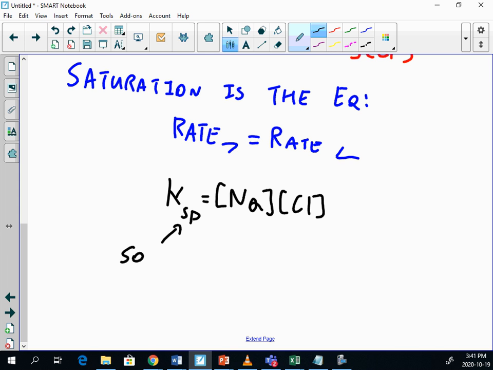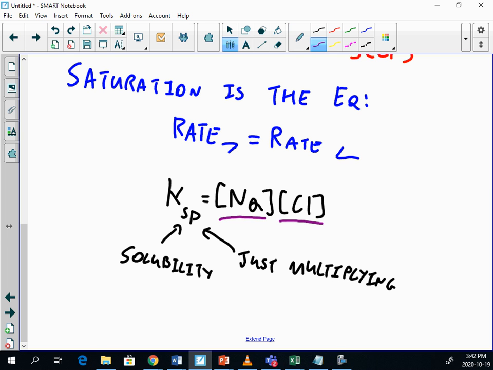Solubility, because we're talking about whether or not something dissolves. And product, because it turns out to have no denominator. We're just multiplying whenever we find one of these things. So this is a product, Na times Cl, so it is the solubility product constant.